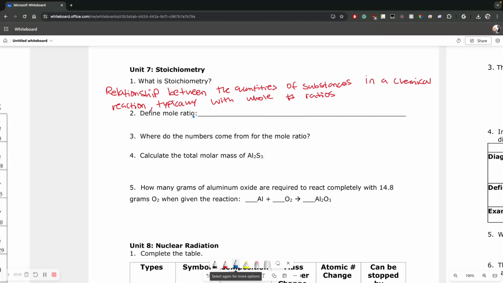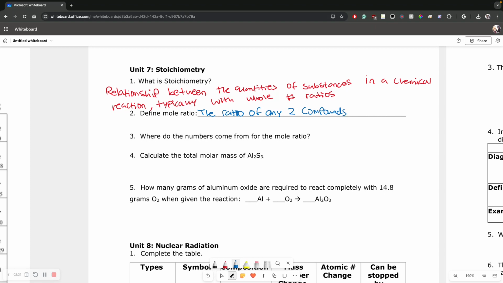Question 2. A mole ratio is the ratio of two compounds in a balanced chemical reaction. We'll just write the ratio of any two compounds in moles.